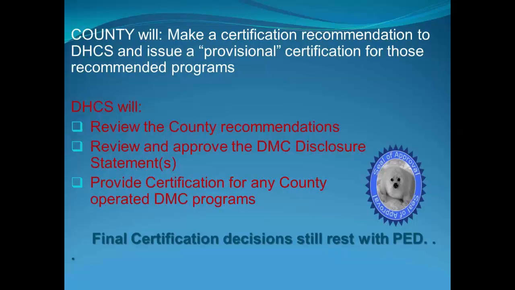Well, you'll do the initial 6001, but the disclosure statement will go to DHCS. Once it's reviewed, you'll make a recommendation and issue provisional certification. By the 1115 waiver, programs will be able to start operating and billing with a provisional certification.